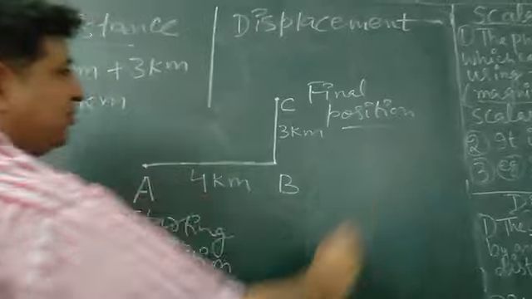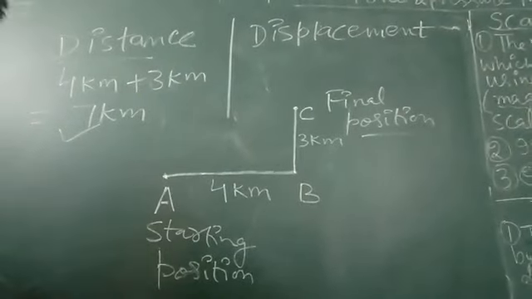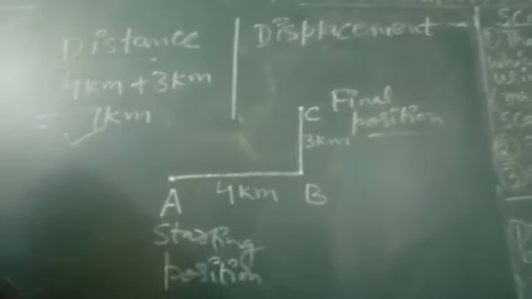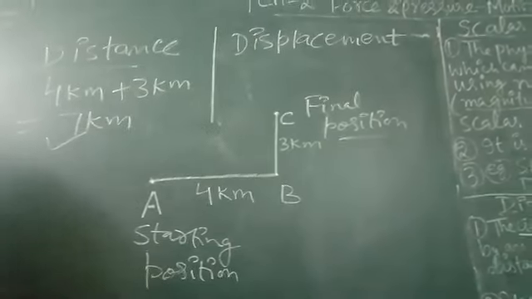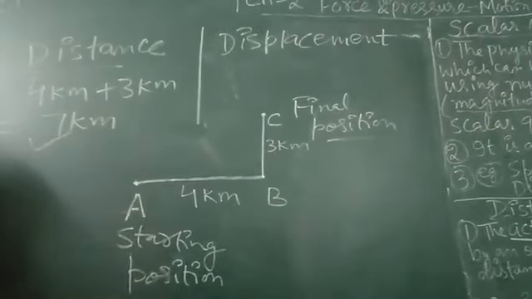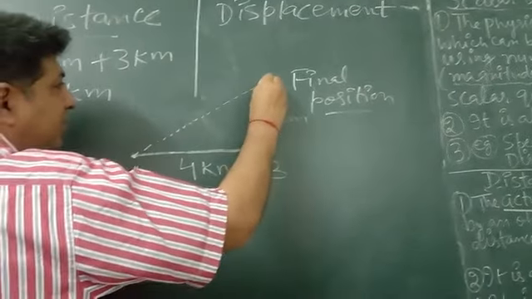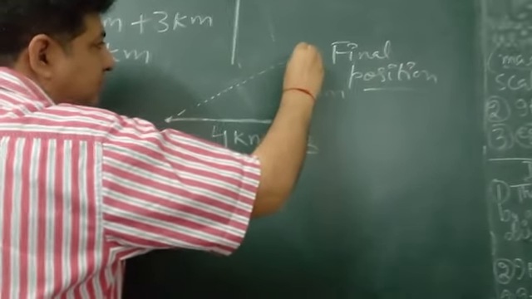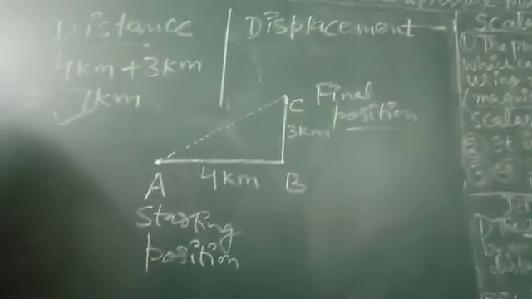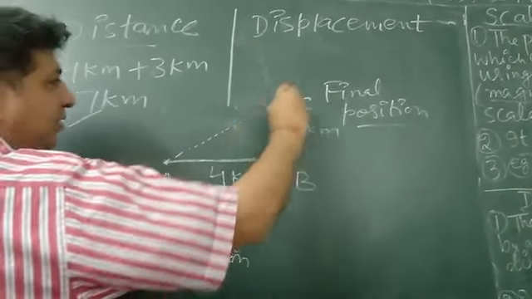So according to displacement's definition, we need to find the shortest possible path. And that would be, if we join A to C in a straight line, that would be this path, AC.